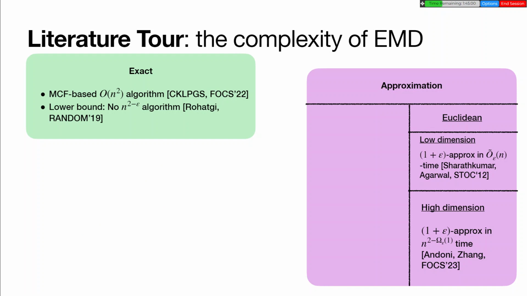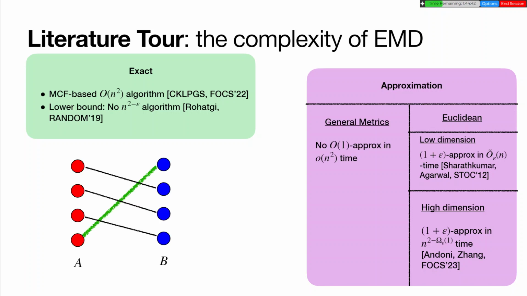So it's mainly about breaking a barrier. And our result is very similar in spirit to this one, because we're going to prove that we can achieve an epsilon additive approximation with a running time that is basically the same as theirs, but we work on general metrics, whereas they work in high dimensional Euclidean space.